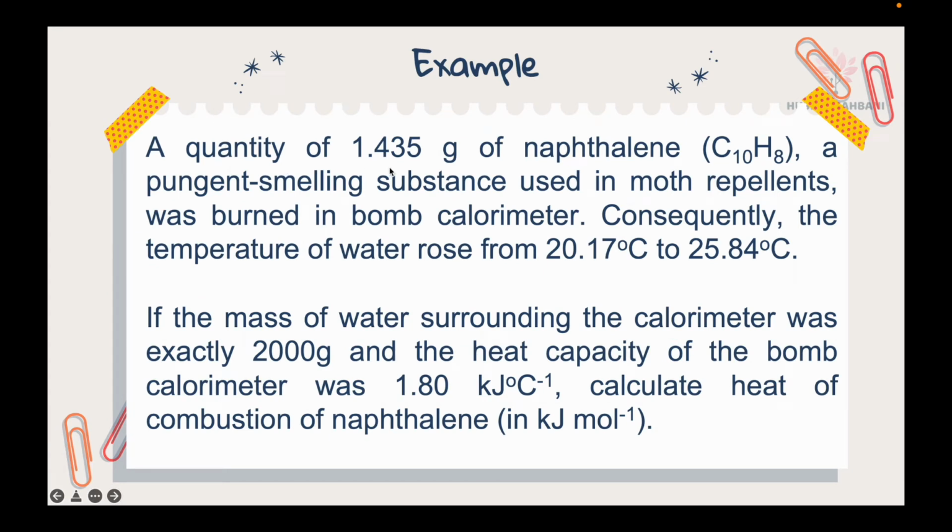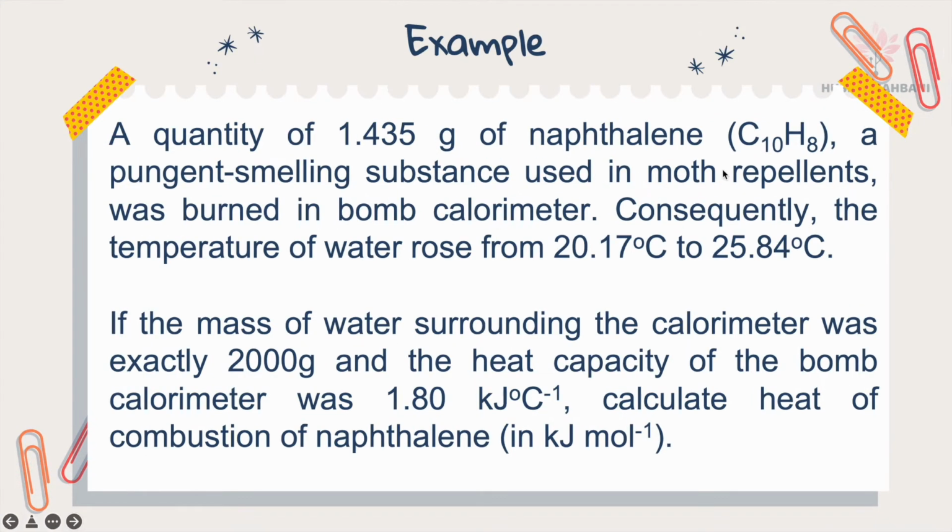Example: a quantity of 1.435 gram of naphthalene, a pungent smelling substance used in moth repellents, was burned in a bomb calorimeter. So we know that this is combustion because we use a bomb calorimeter. Consequently, the temperature of water rose from 20.17 degrees Celsius to 25.84 degrees Celsius.